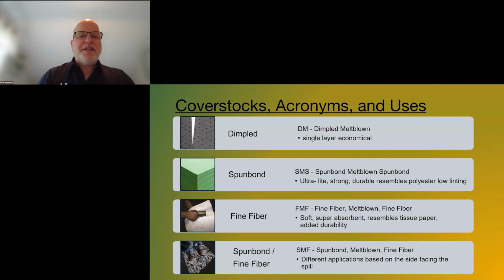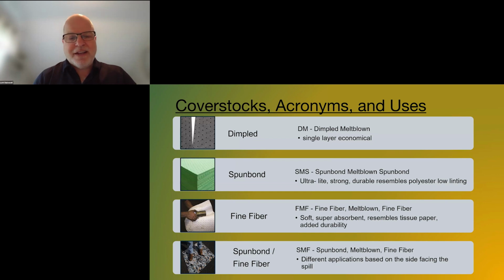So there's all different types of grades or cover stocks to choose from. A lot of the time when we do plant visits, we'll see that customers are using maybe a standard fine fiber product when they could possibly be using just a dimpled product, maybe downgrade a little bit if it's just an area where there's no real hazard of slip and fall, but more about just picking up leaks from the base of machine.